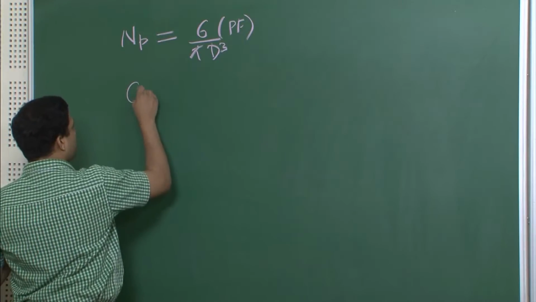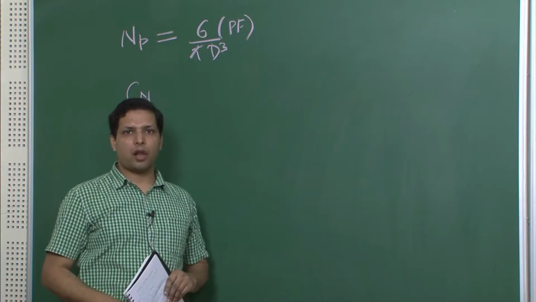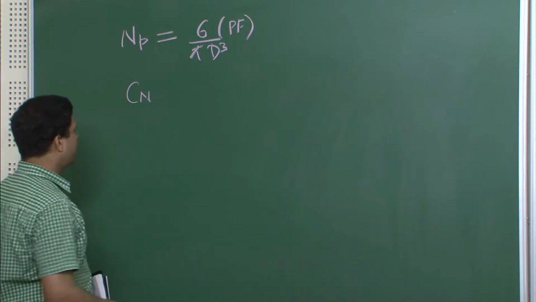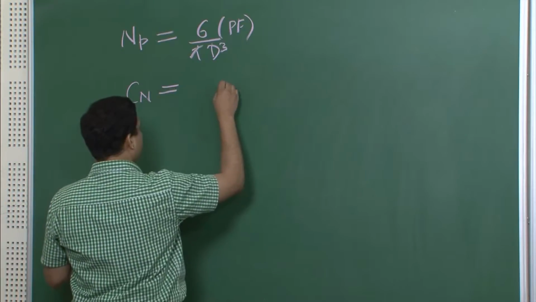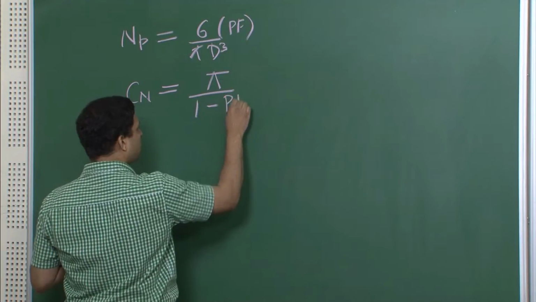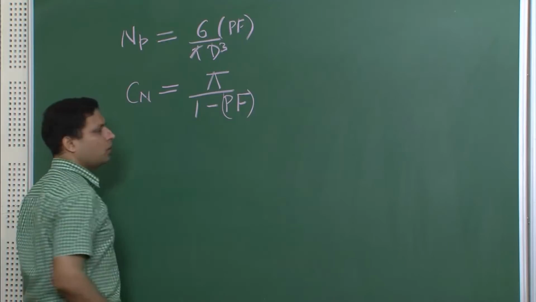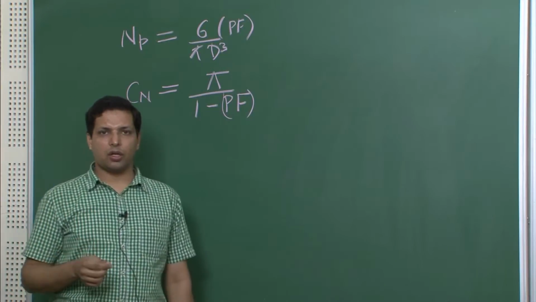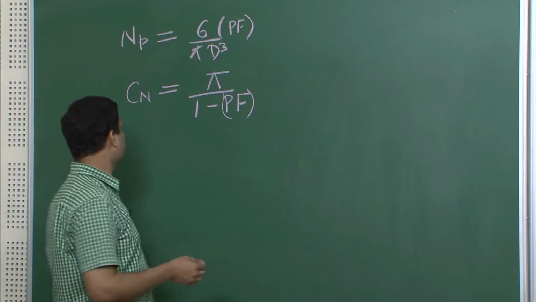However, coordination number is not something that we can obtain for a non-regular structure very easily, and some researchers have shown that coordination number can be given, under certain conditions, like this. So, this is a relation that we can again utilize even for non-regular packing.